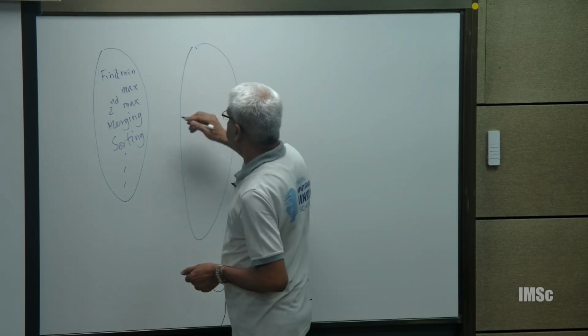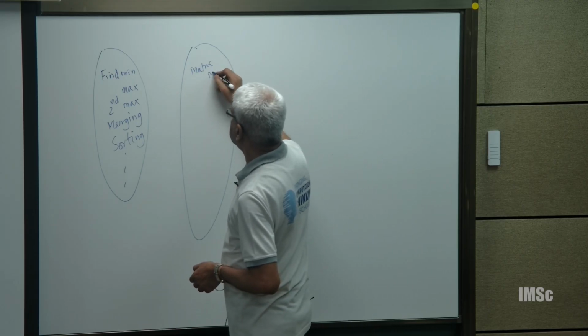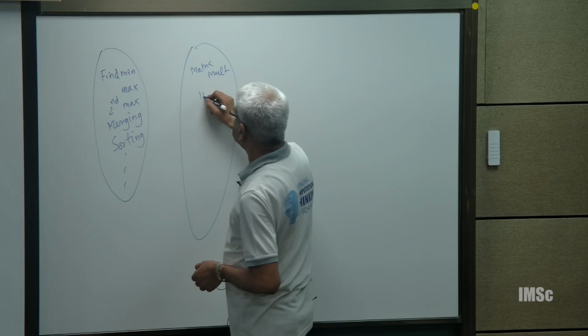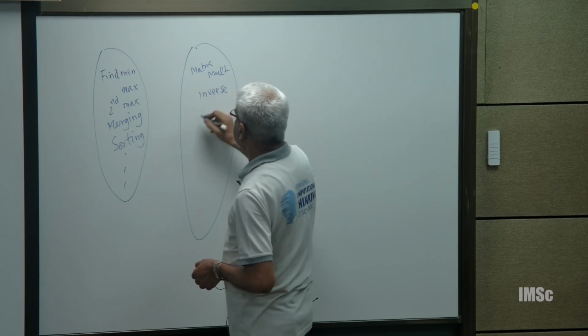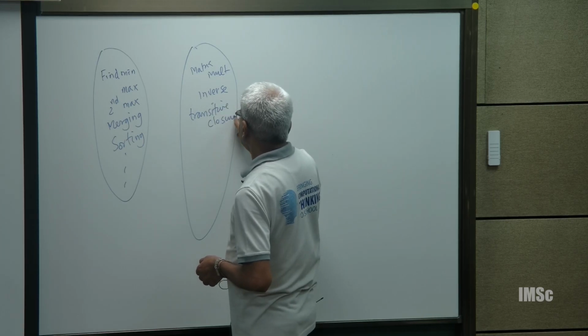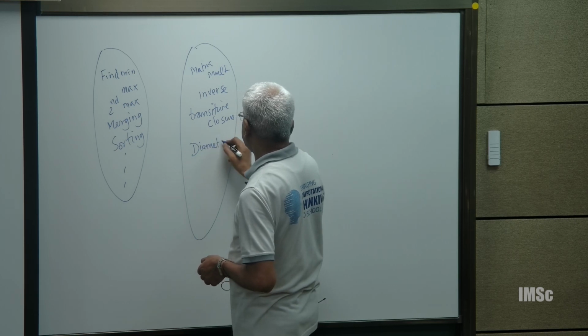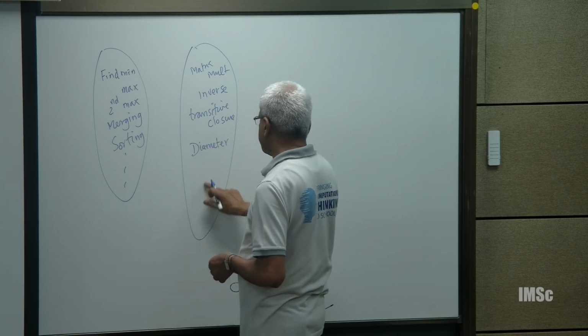Then we looked at matrix multiplication, inverse, transitive closure, and today I talked about finding the diameter of a graph. I am going to add maybe another problem here.